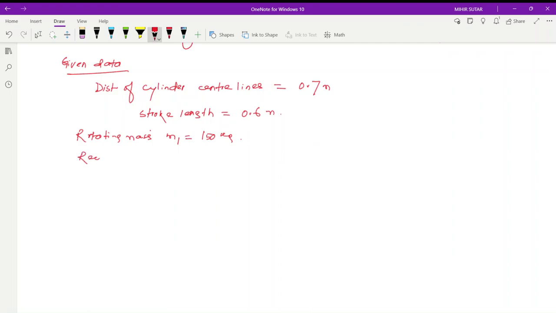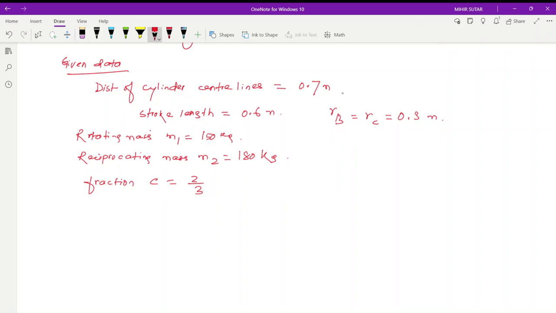Reciprocating mass M2 is 180 kg. Fraction C is 2/3 and RB equal to RC, 0.3 meter.